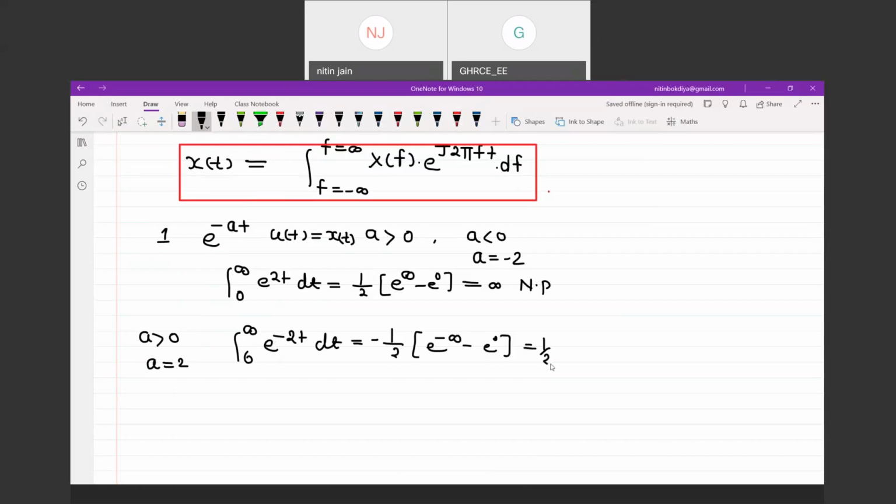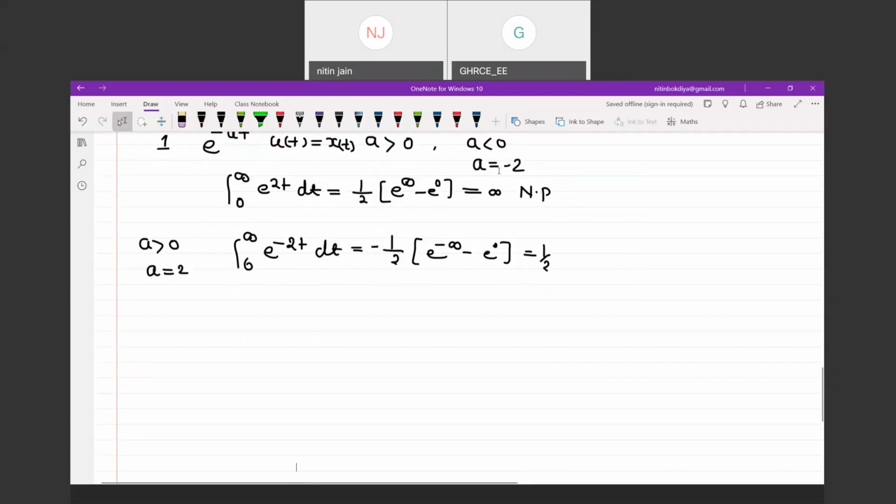So the area under the curve is finite. That's why the Fourier transform is also finite for this function. There is no issue with the Fourier transform here. So how do we draw the Fourier transform for the given function? It is only possible for a greater than 0.